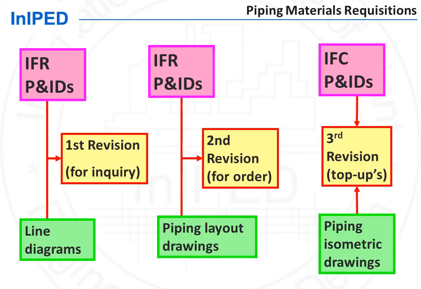This synoptic shows the 3 revisions of the piping materials requisitions. The first one for inquiry, the second one for order, where quantities are committed, and the third one and next ones for ordering additional materials or top-ups.